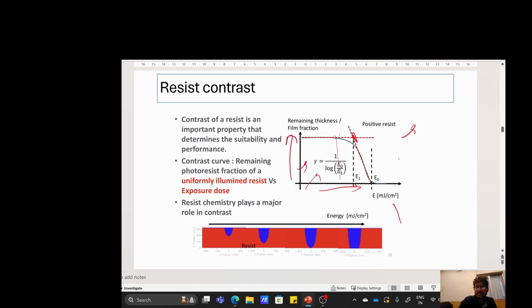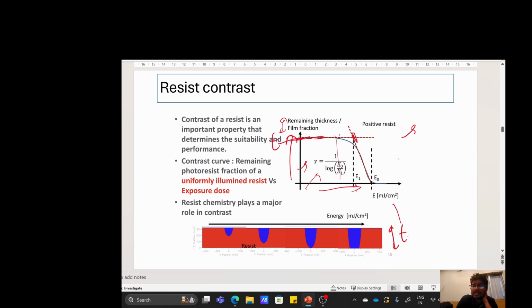Let us say this is the thickness of the film, that is T. Initially the film is not removed completely, so this is the thickness of the film remaining.